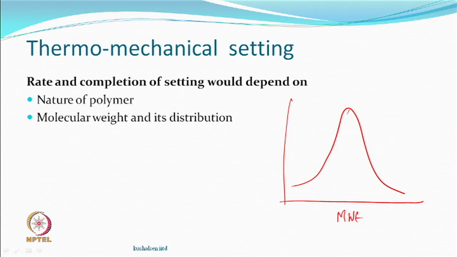It may be a bimodal curve. So, you may have two averages, as if two types are formed, but let us say normal molecular weight. So, you have the average molecular weight, of course, this will be the one, and then this is the spread.